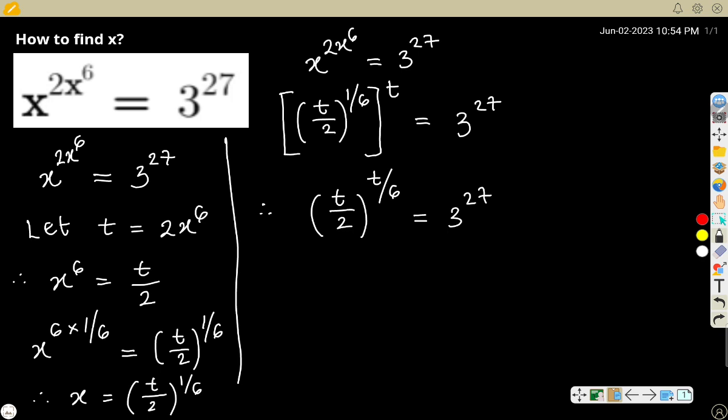So what can we do from here? We can remove this t divided by 6 here. So we are going to apply exponential function here.